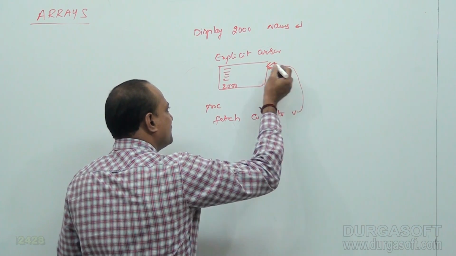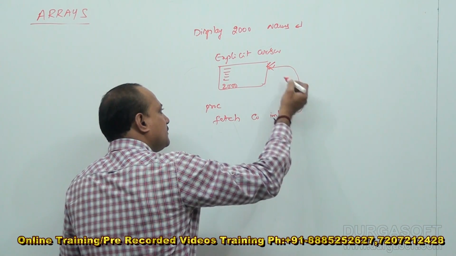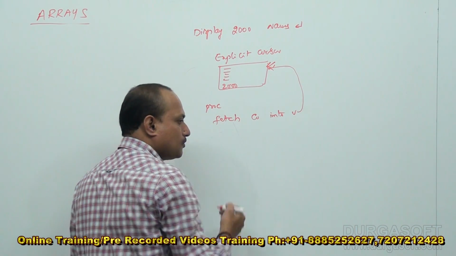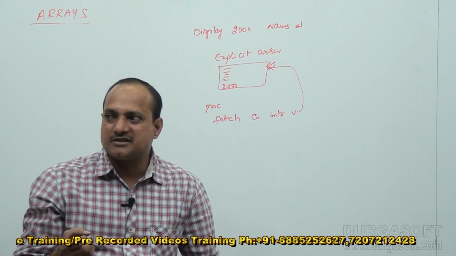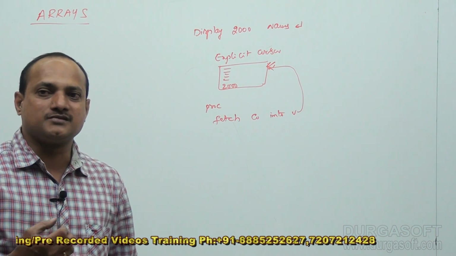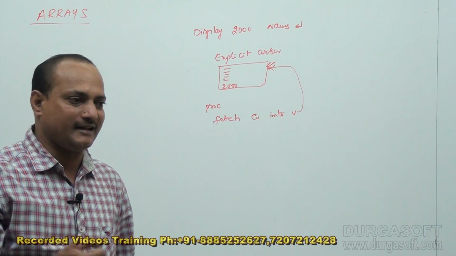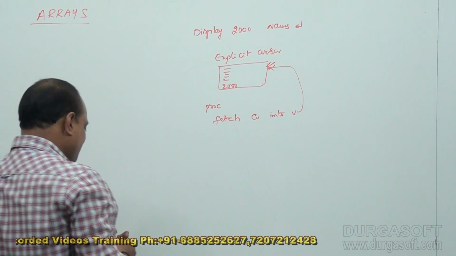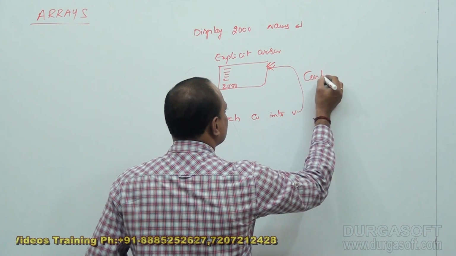For the next time, go to the cursor area, come into the program area. Again, go to the cursor area, come into the program area. Means the execution control is switching between program area and cursor area. This kind of switching is called context switch.